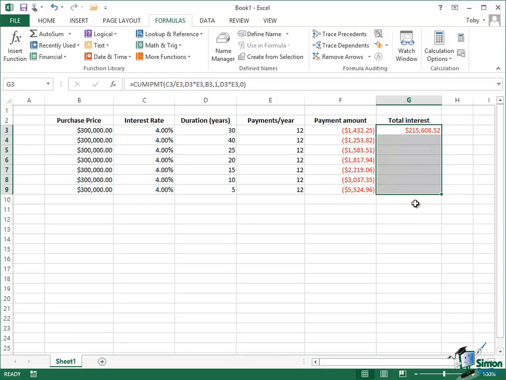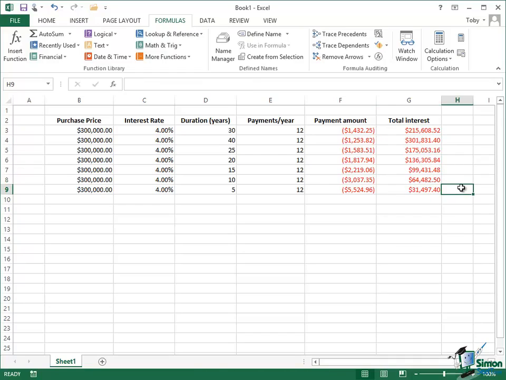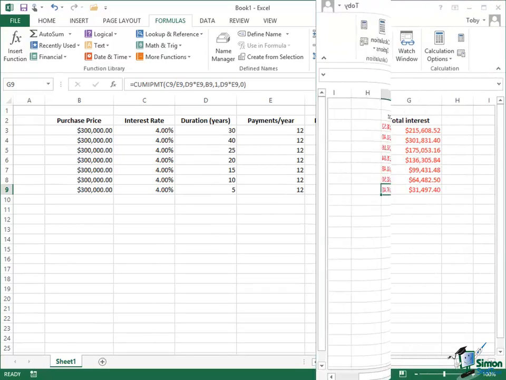So fill down, that's Control D, and there you can see, for instance, in the case of the 5-year term, obviously the monthly payments are very high, over $5,500 per month, but the total amount of interest paid is relatively small at $31,000. The figures in the middle are probably more like the ones where I'd want to look at those and say, well, which one do I think gives me the best deal?